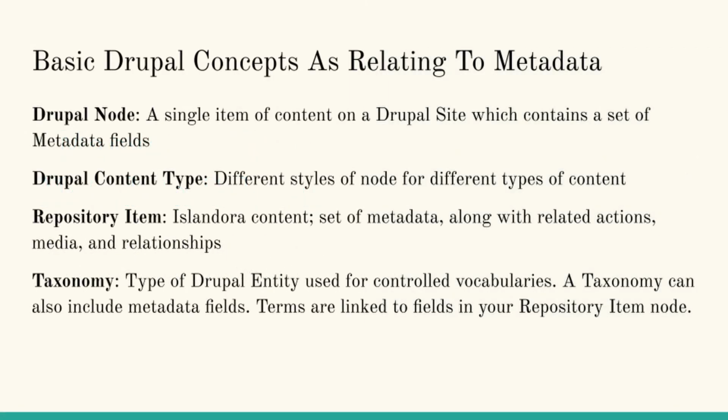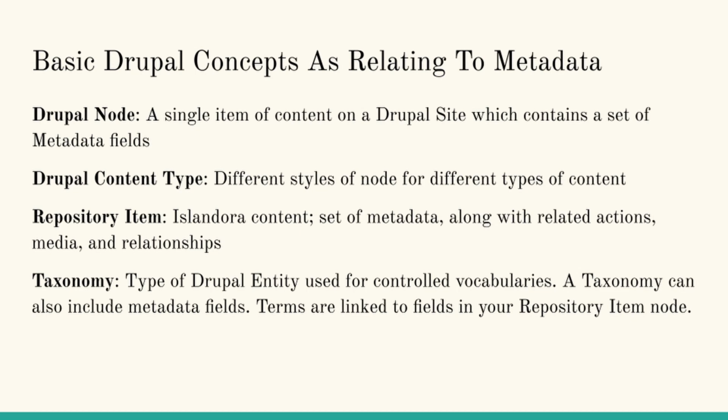And just to briefly hit the concepts that I know Krista hit yesterday and that have been a part of a lot of presentations. We're looking at the vocabulary, and there is the Drupal node, which is an item of content on a Drupal site. And then there's different content types of Drupal nodes, one of which is the repository item content type, which is what Islandora has put together.